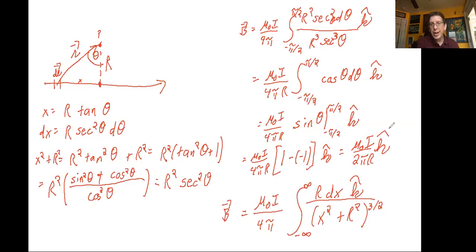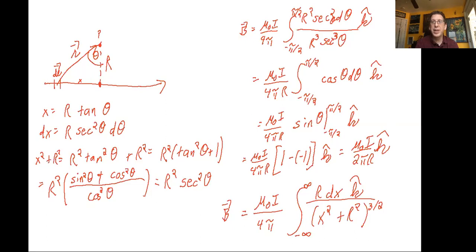And we know, again, just from analyzing it qualitatively, that B is going to make a circle. If you were to move point P in a circle of radius capital R around the wire, B would rotate with it and always be perpendicular to both the wire and to the perpendicular line from the wire to point P. And so B makes circles around the wire.